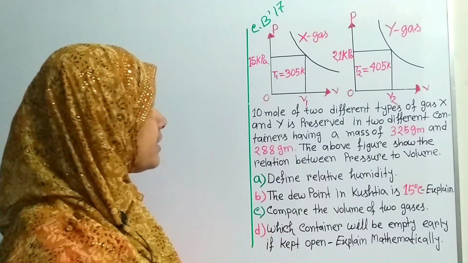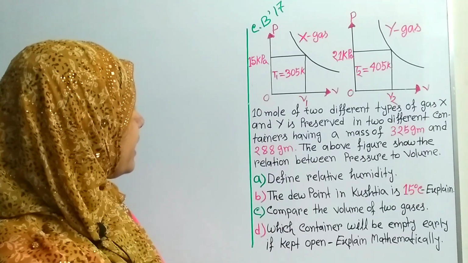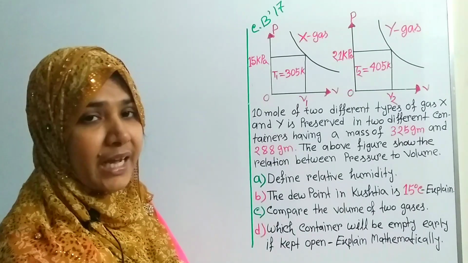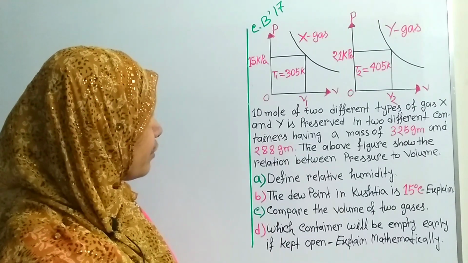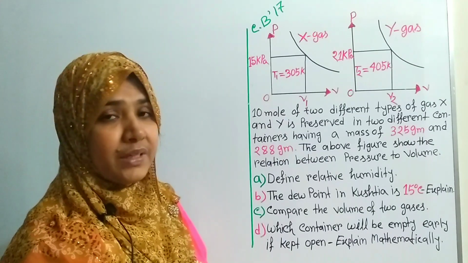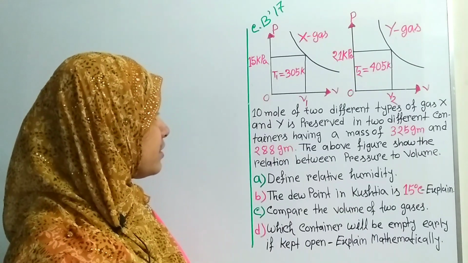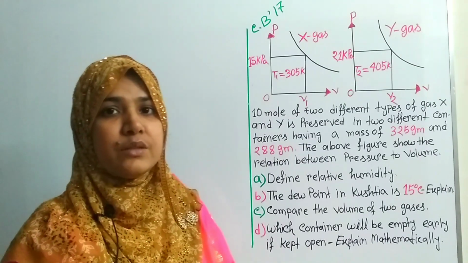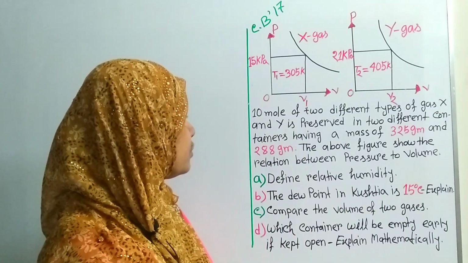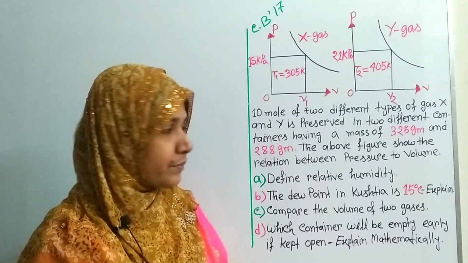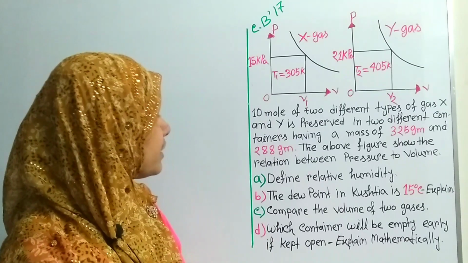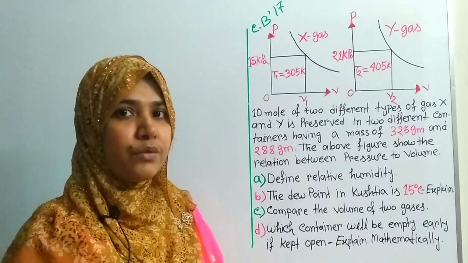In the stem, they say that 10 mole of two different types of gas X and Y is preserved in two different containers having a mass of 325 gram and 288 gram. The above figure shows the relation between pressure and volume.